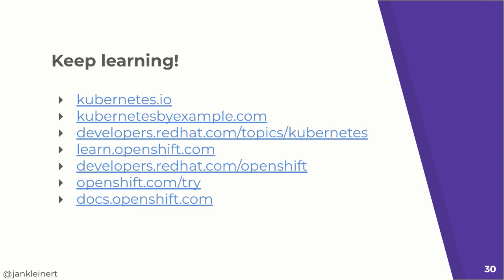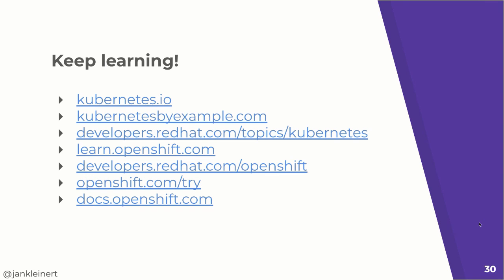Learn.openshift.com is a link to our interactive learning environment where you can find hands-on interactive tutorials that you can do in a self-paced manner, as well as a link to the OpenShift playgrounds, which give you access to an OpenShift cluster that you can do whatever you like with for an hour, and then it will go away. So that's a great place to learn, explore, and experiment. Below that, we have the OpenShift page on developers.redhat.com, which has a lot of great resources specifically for developers who are using or want to learn how to use OpenShift.